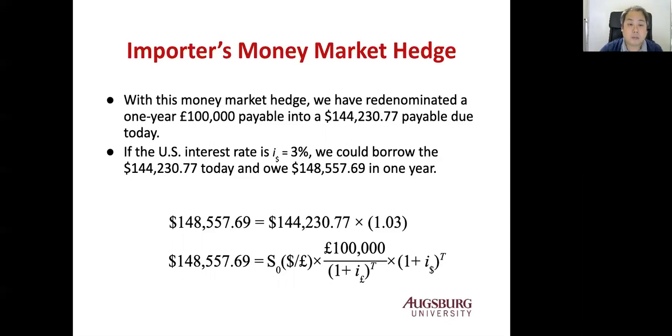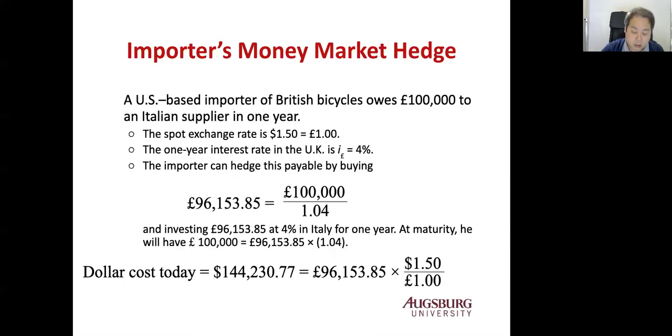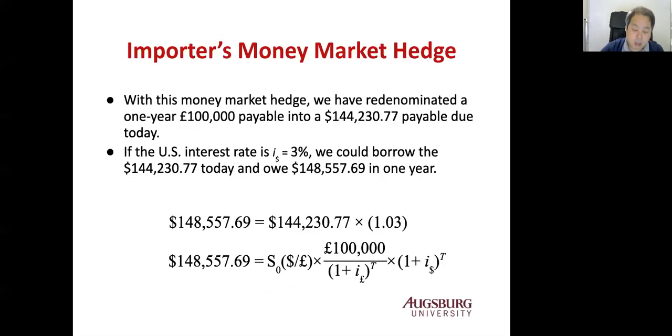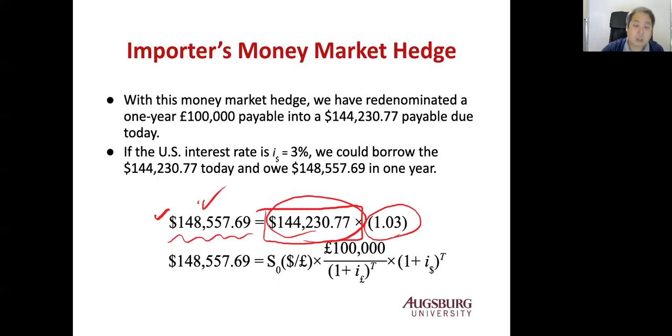What you need today is this many dollars, so you borrow them today, and because the interest rate is 3%, 1 year later you need to pay $148,557.69. That's the dollar amount you owe in 1 year.